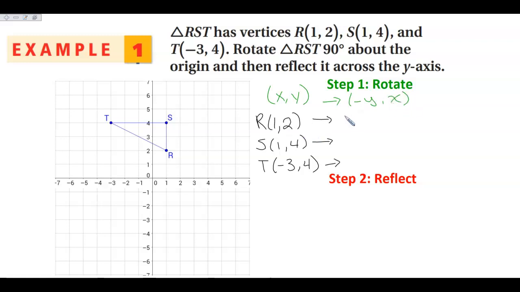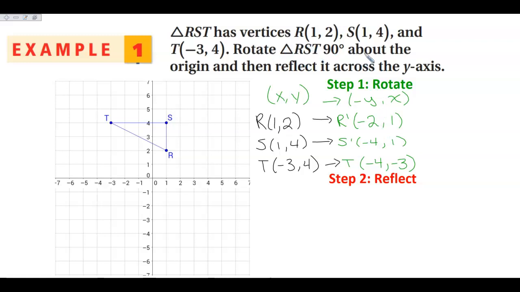So the first thing that I'm going to do is look at R prime. Negative y is going to be a negative 2. X is going to be 1. S prime, negative y is going to be a negative 4. My x again is 1. And for T prime, my negative y is again going to be a negative 4. And then my x stays the negative 3. All right, so that is our first transformation.